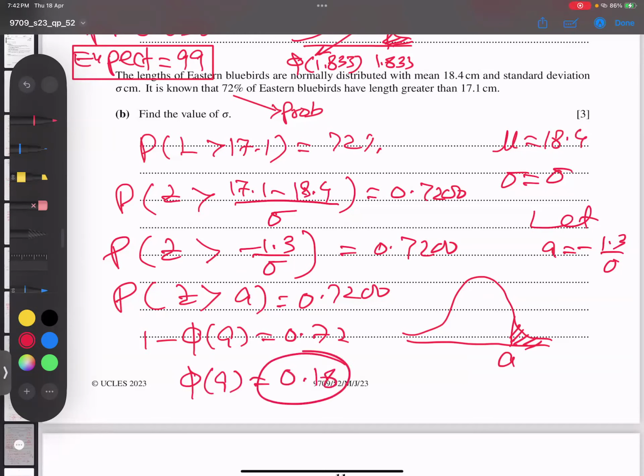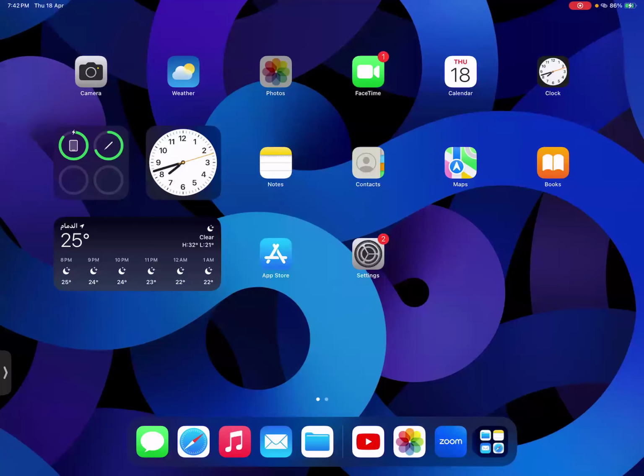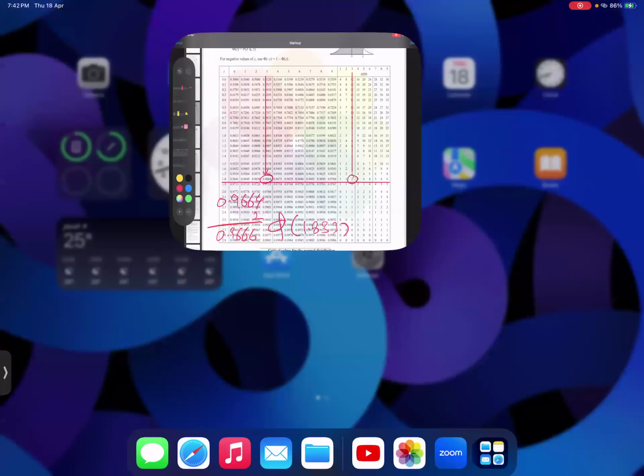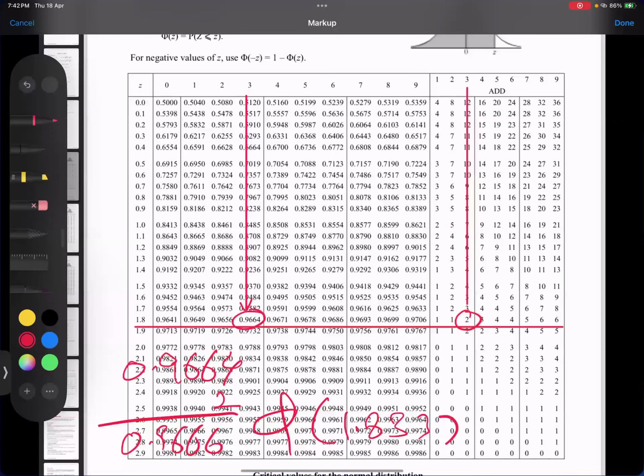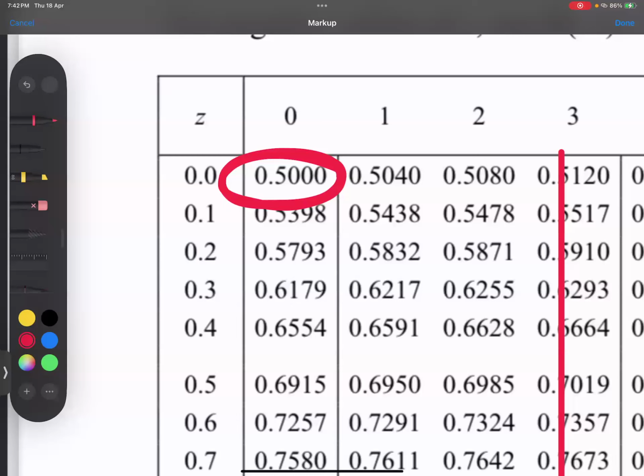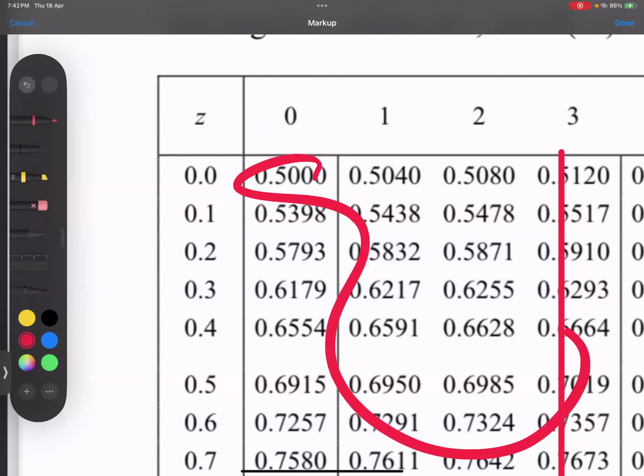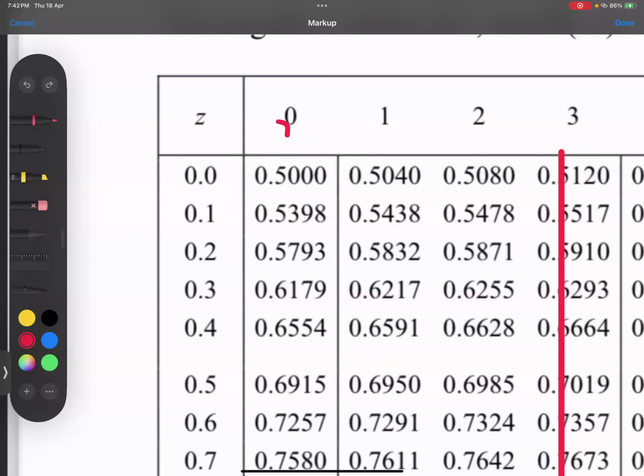But the problem is that 0.18 is not in our table; the least probability in our table is 0.5. We cannot go beyond it. We have a higher value but 0.4 is not there, 0.3 is not there. So these least values are not available.